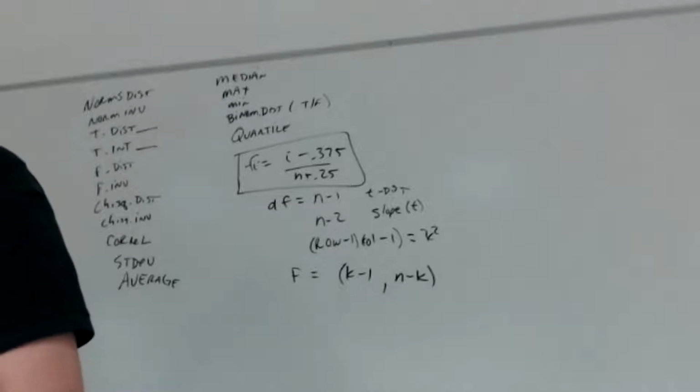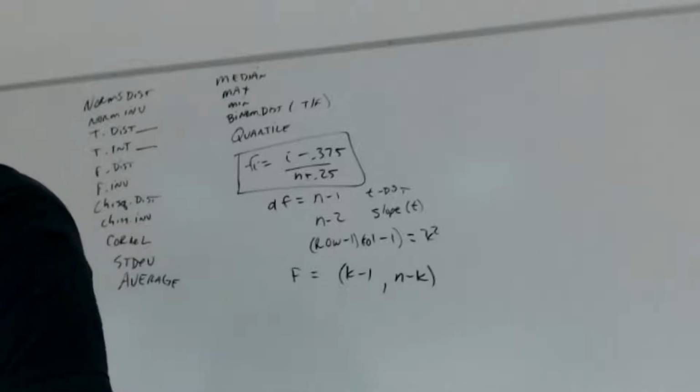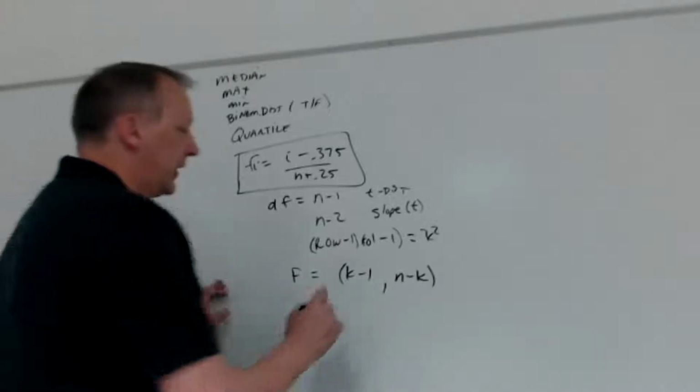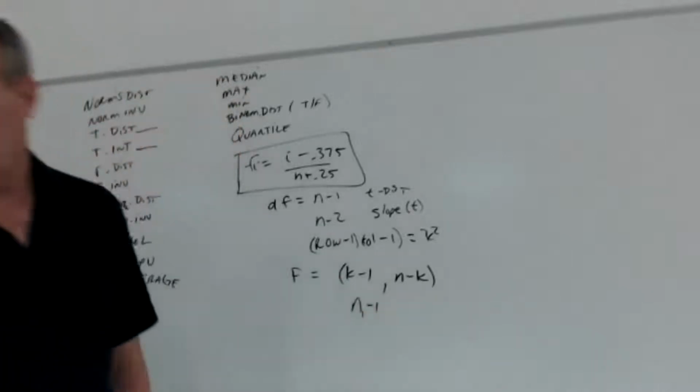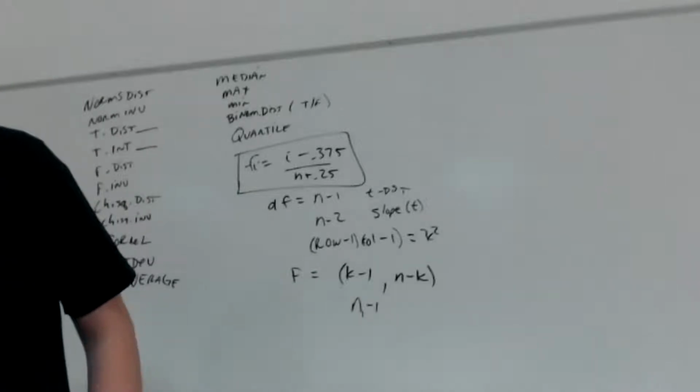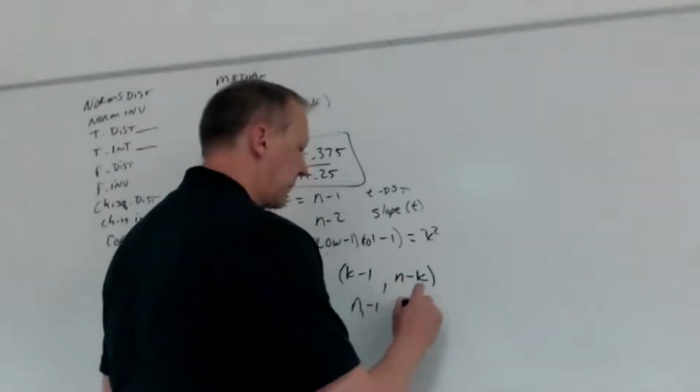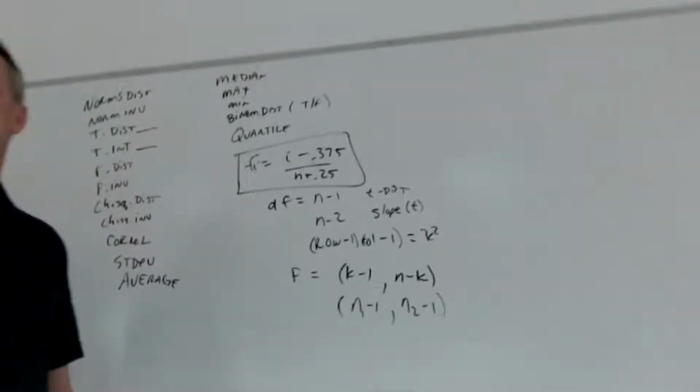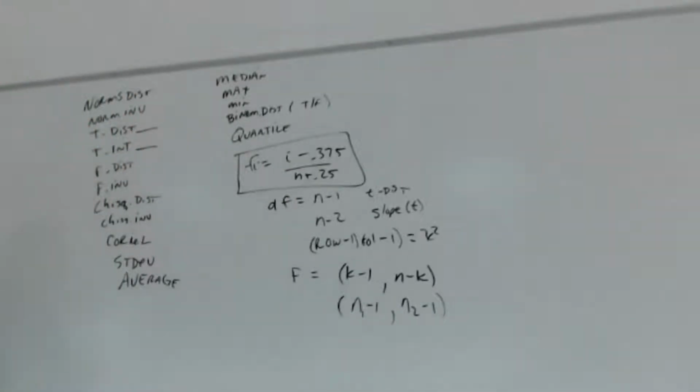Oh, here it is, 11.4. For 2 population standard deviations, it's n1 minus 1 and n2 minus 1. So basically n minus 1 for both of them.